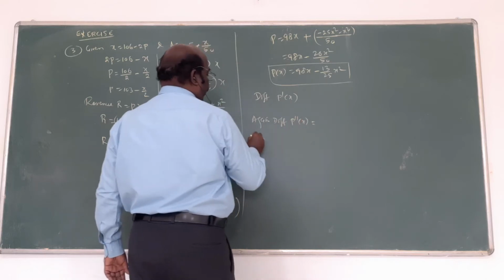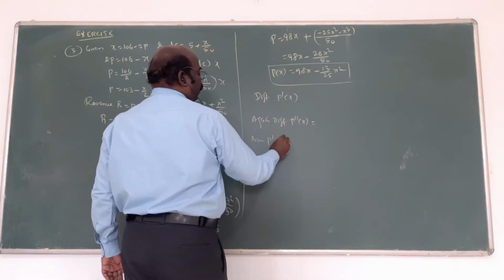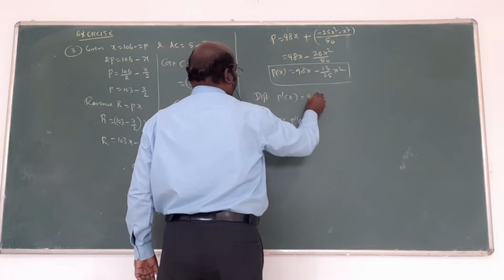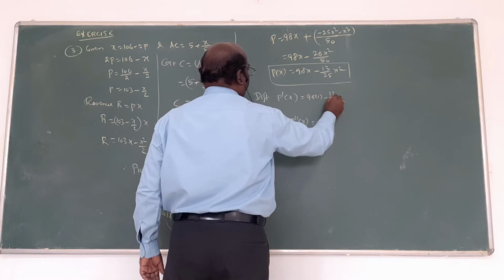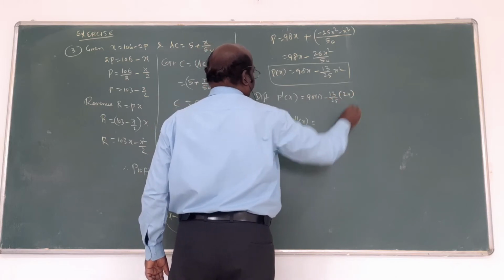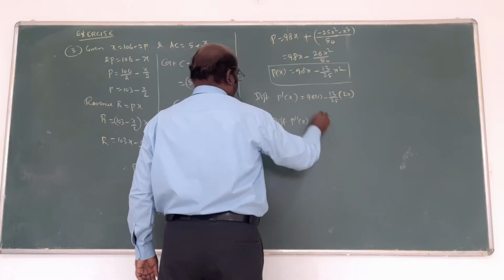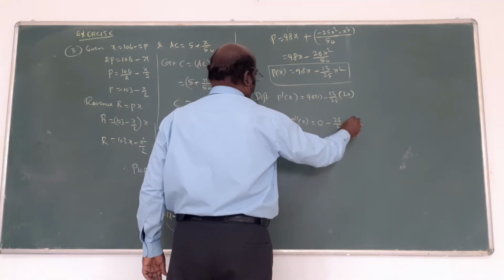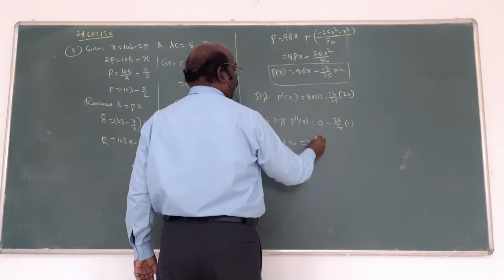Am I right? Now the first derivative equal to 0 implies you will find the x value. What is the first derivative? 48 into 1 minus 26 by 25 into x. Again, this is 0. That's all. The first term is what?